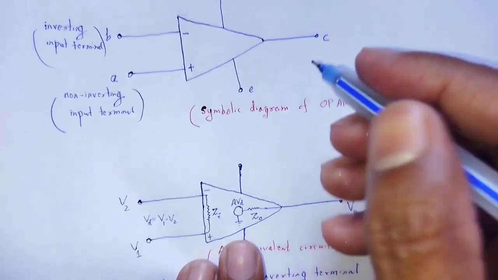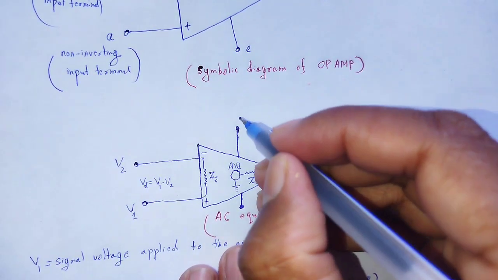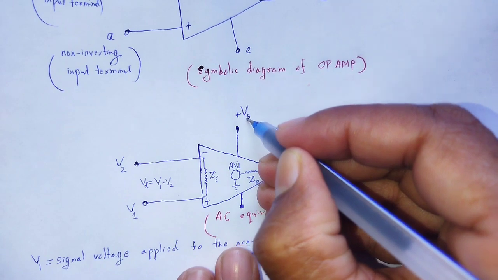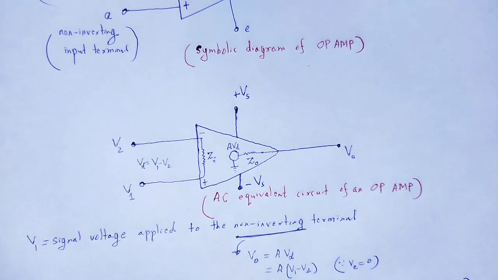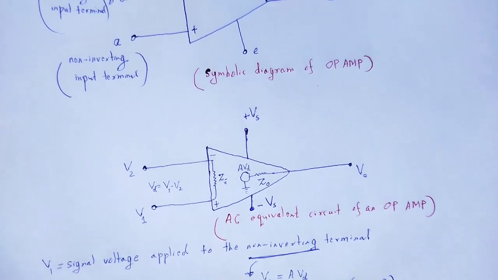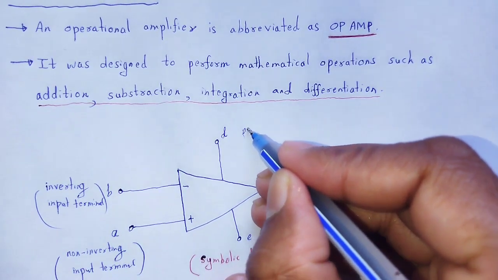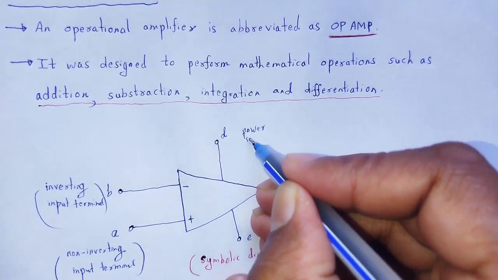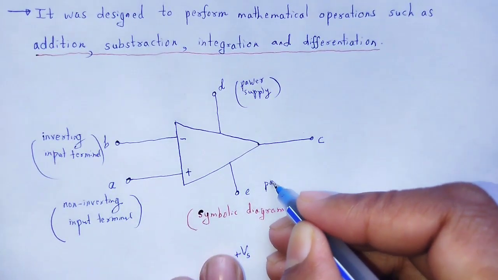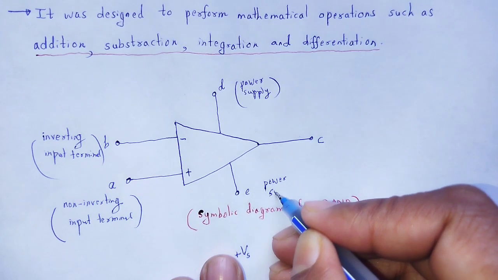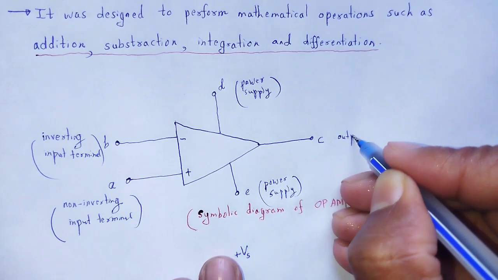So the power supply terminals E and D are plus Vs and minus Vs. E and D terminals are the power supply. See the output terminal.